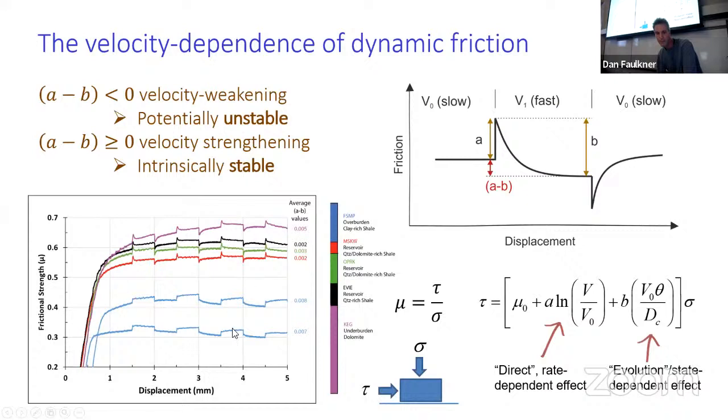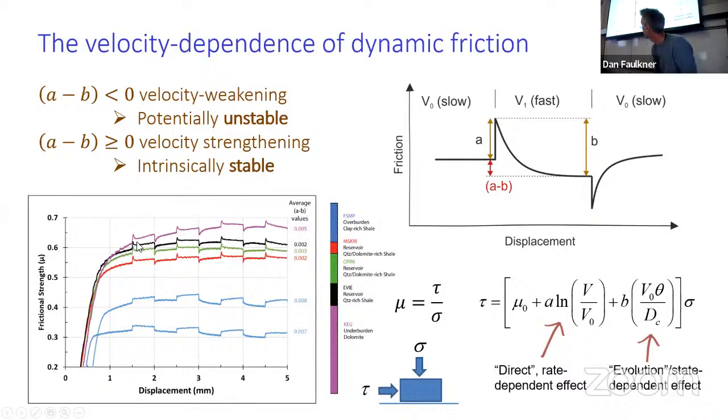The bottom left here shows some experimental results, and we've got slip displacement here. We take our layer of crushed material and load it up. This portion of the curve is it being loaded up elastically, and then at some point it will yield and start to slide.